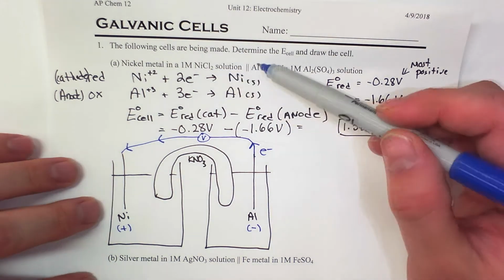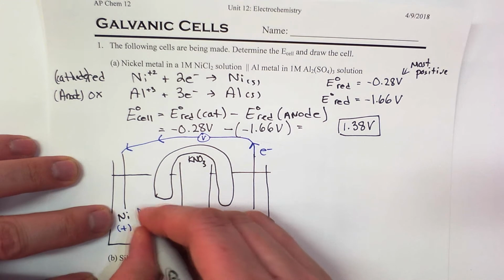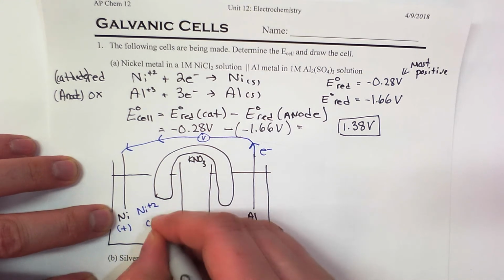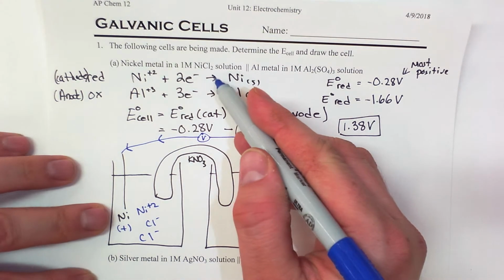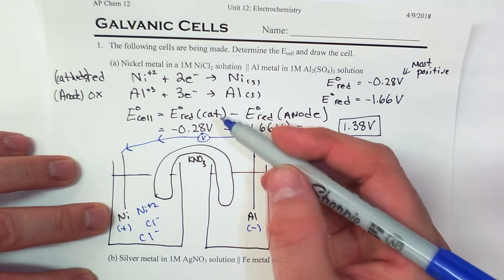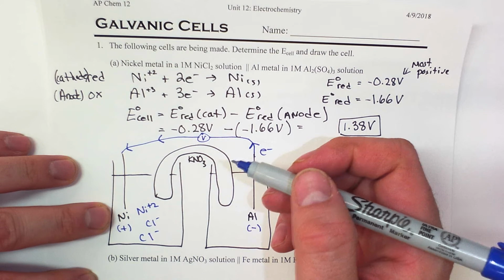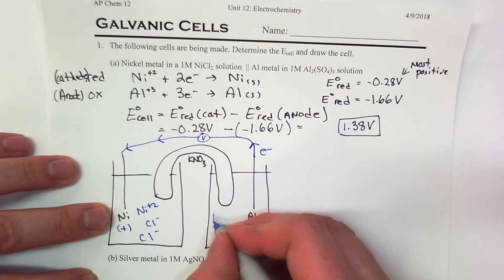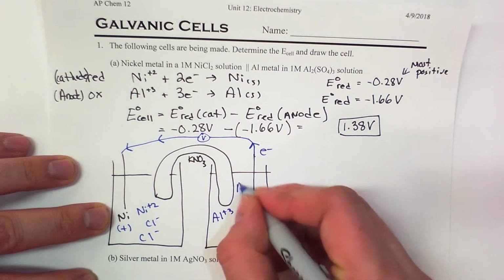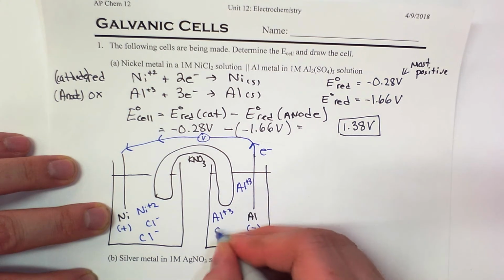So in this solution, we are also going to have nickel plus 2 and chloride ions. They're counter ions, but they will, of course, be in solution. And on the other side, we have aluminum plus 3 ions and sulfates.